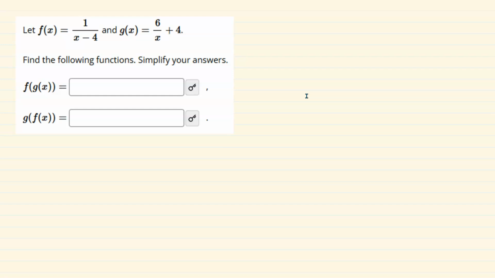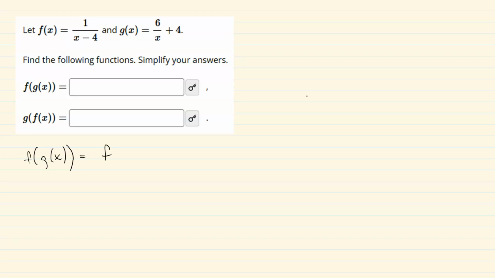First, we have f of g of x. I'll call this part A. Now, I'll just leave it f of g of x. There's no a here. So f of g of x tells us we're plugging g of x inside the function f. So let's do that.